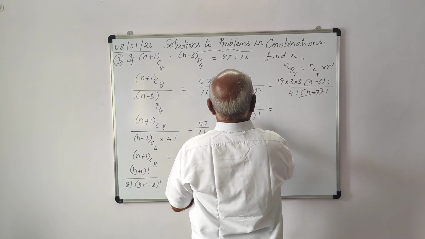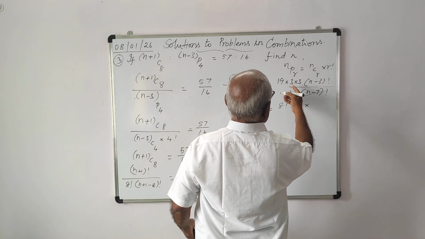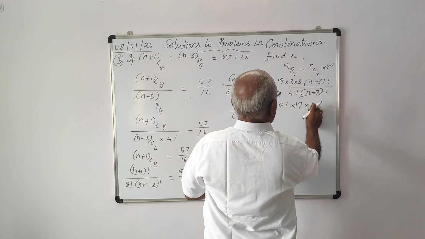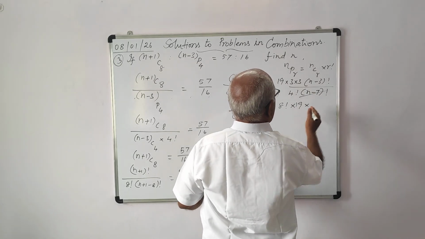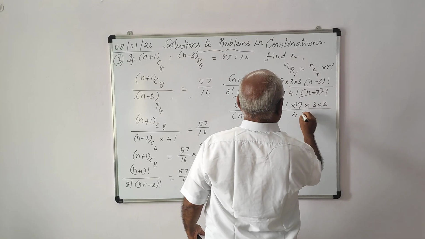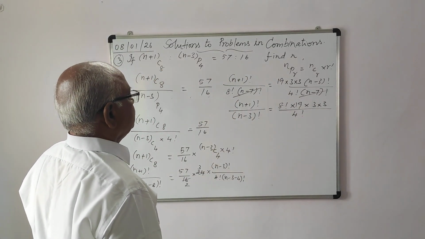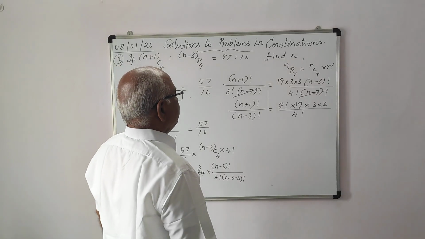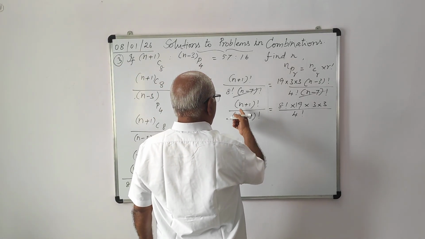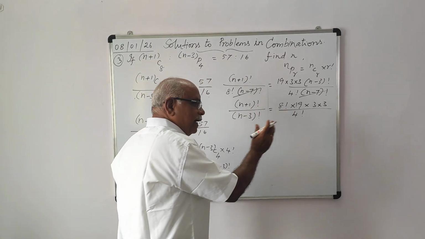It becomes the numerator of the right hand side, into 19 into 3, into 3, divided by 4 factorial. In (n+1) factorial by (n-3) factorial, up to (n-3) factorial cancels.